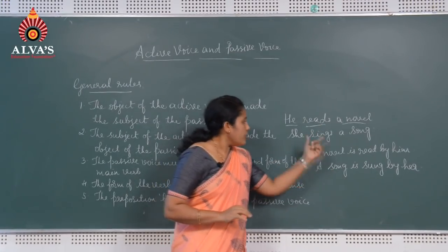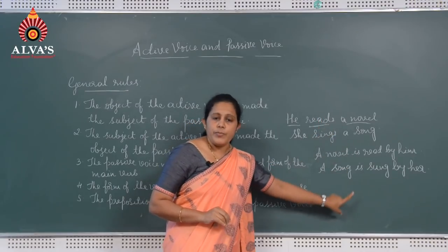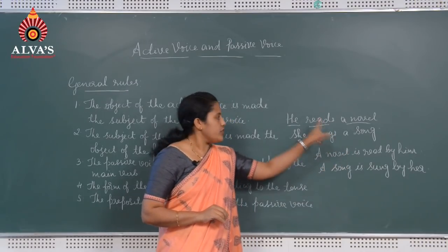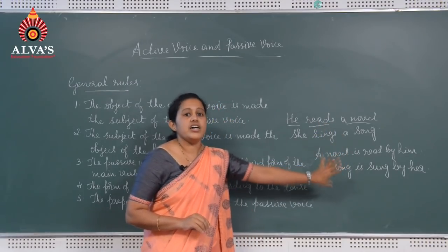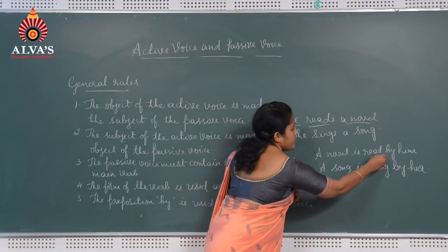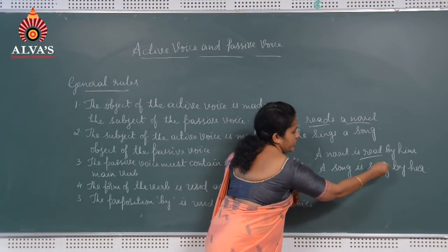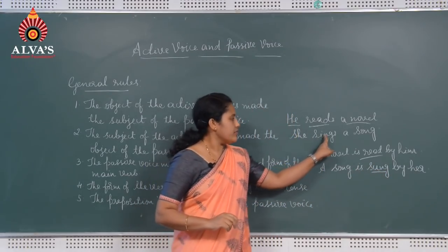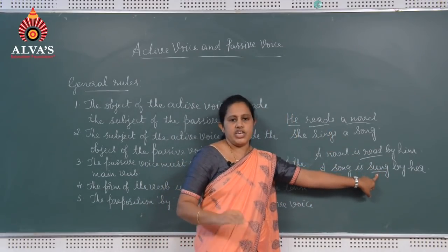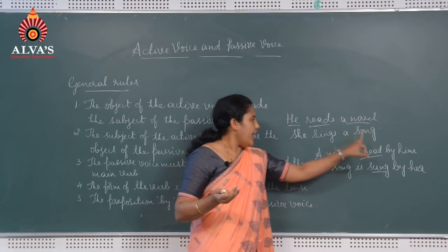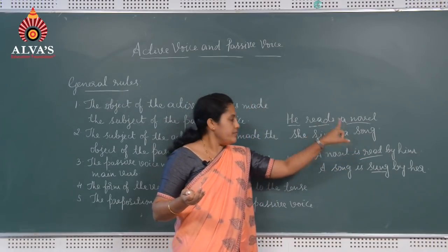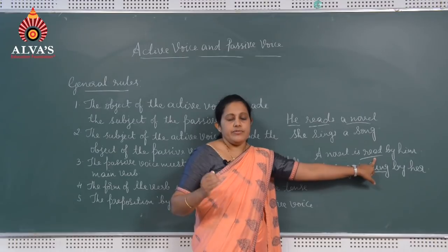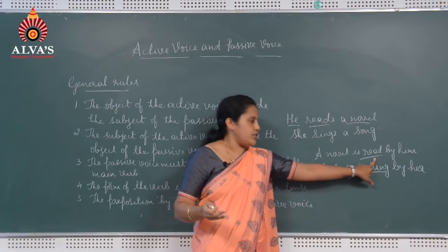When we change from active to passive, this main verb becomes the third form of the verb. So, is read here in this sentence, sing became sung here, and reads becomes read when we change into passive voice.